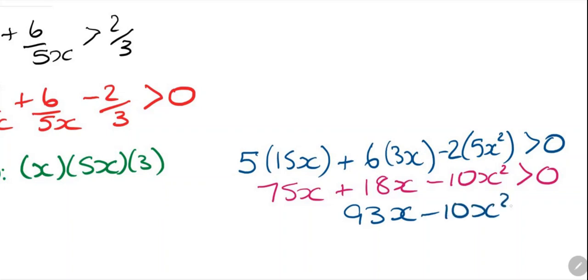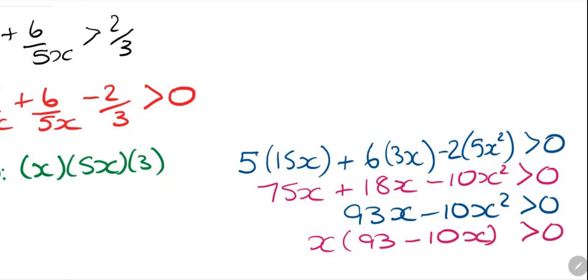Minus 10x squared is greater than 0. So now I'm going to factor. So I'm going to factor by x. So this is going to leave me with 93 minus 10x, and that is greater than 0.